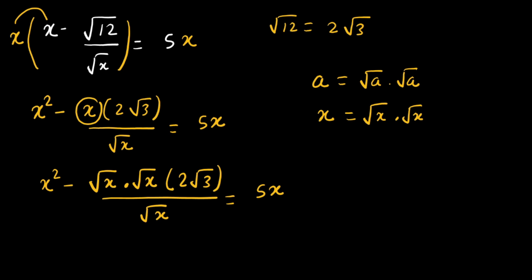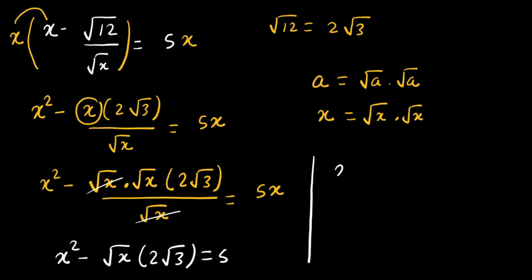Then this square root of x and this square root of x cancel out. So in the left hand side we have x square minus square root of x times 2 times square root of 3 times x, and this is equal to 5x.